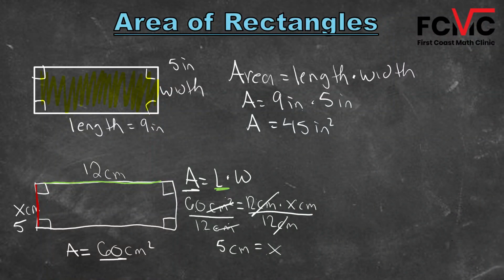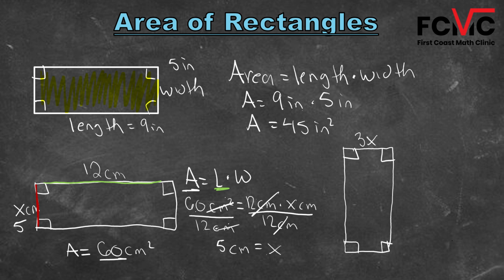All right, let's do one more example. So we've got a rectangle here, got our four right angles, and for this, let's say that we put some variables in with our dimensions as well.